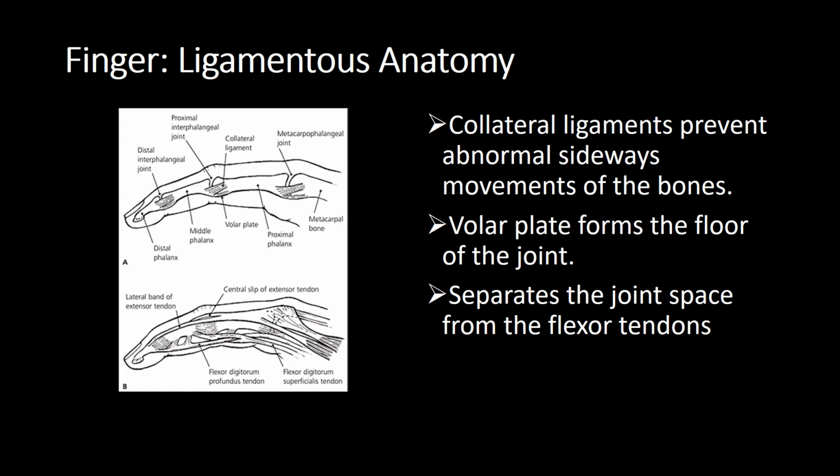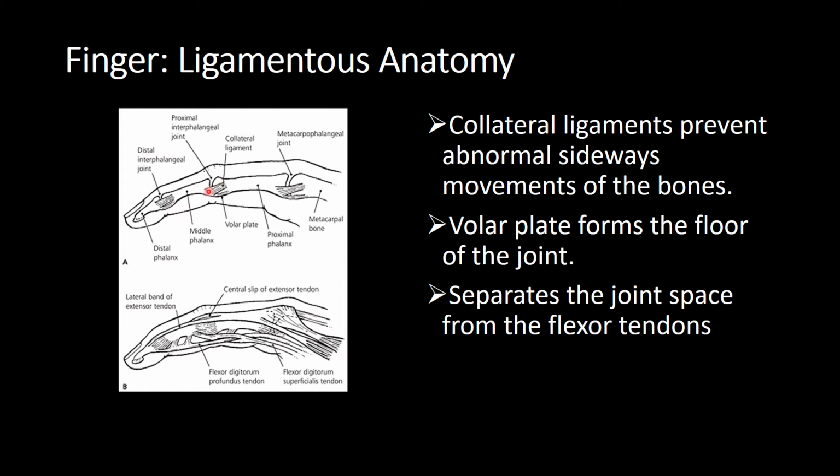Our collateral ligaments extend from the lateral margins of the head of each metacarpal. So if we look here, these then run across the metacarpal phalangeal joint and into the base of the proximal phalanx.